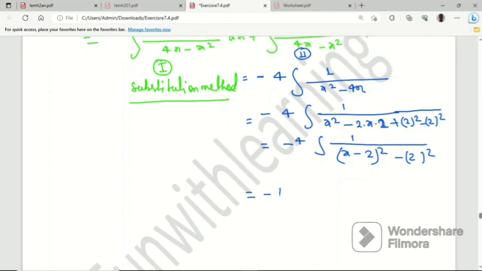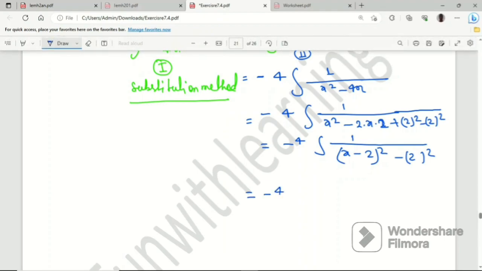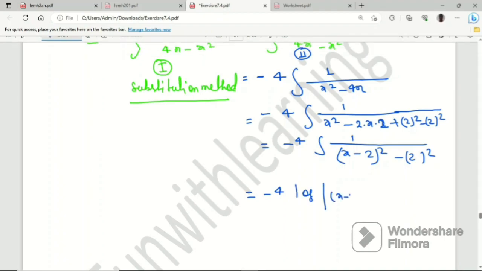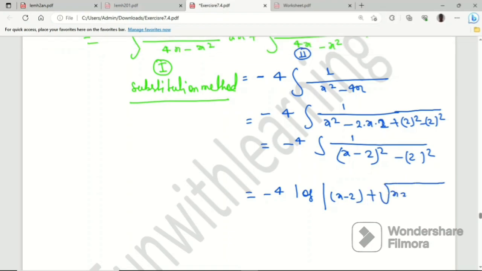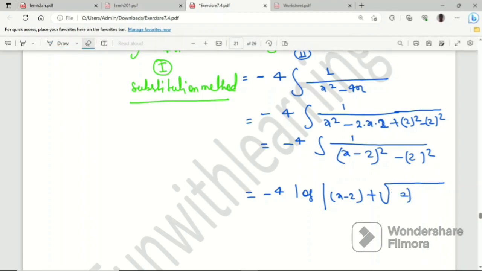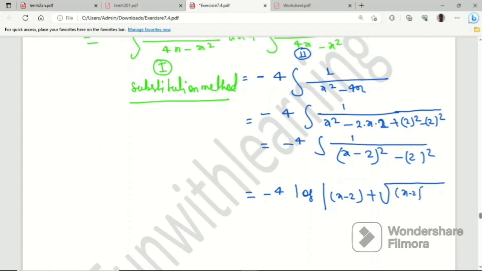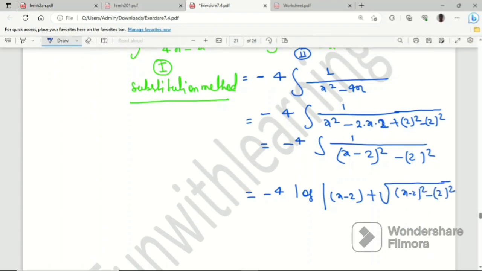So it will give me minus 4 into the integration of 1 upon x square minus a square. The formula again we will use directly: log of x plus, our x is x minus 2, plus under root x square minus a square, minus 2 square.